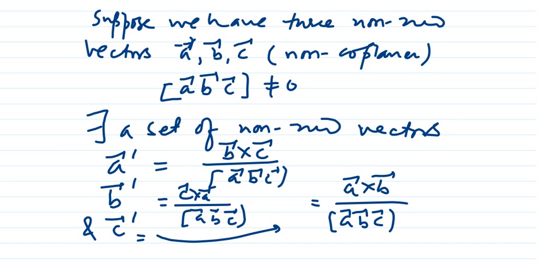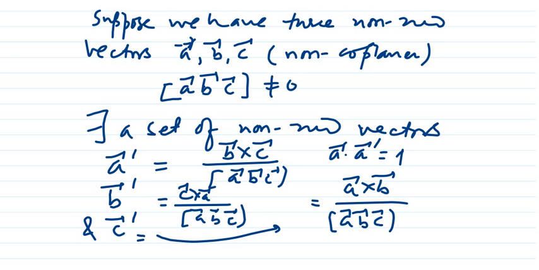So why is this set of vectors called the reciprocal set of vectors? Because if you take A dot A dash, that will be 1, meaning their dot product is 1. This makes the same sense as A times B equal to 1 with A non-zero.